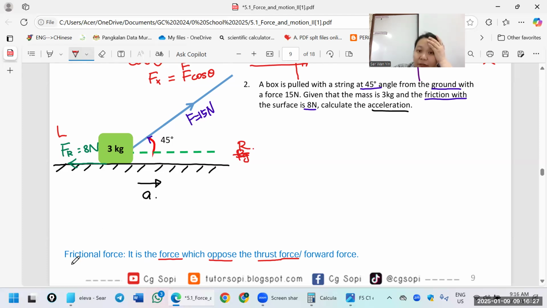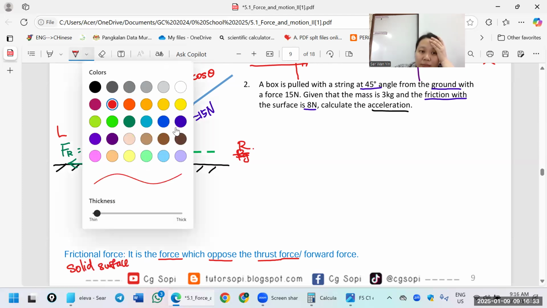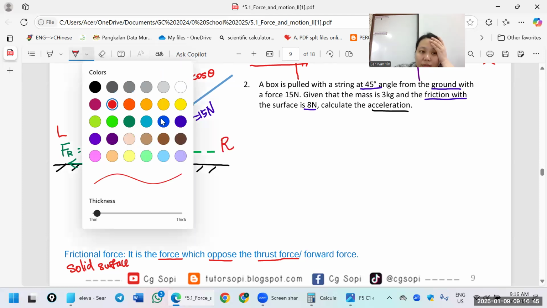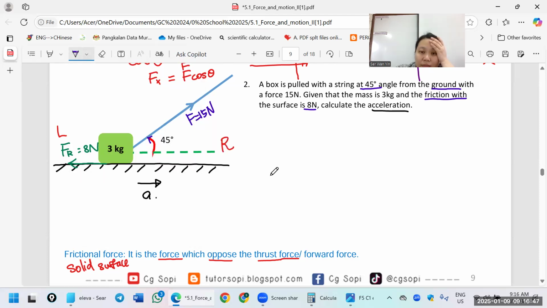And then frictional force is only for solid surfaces.